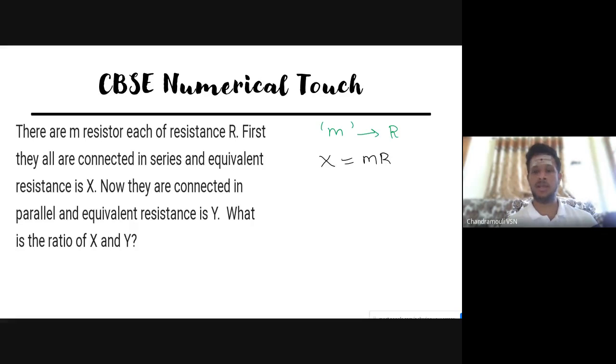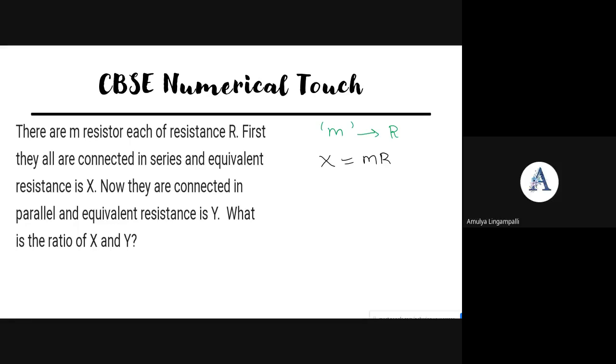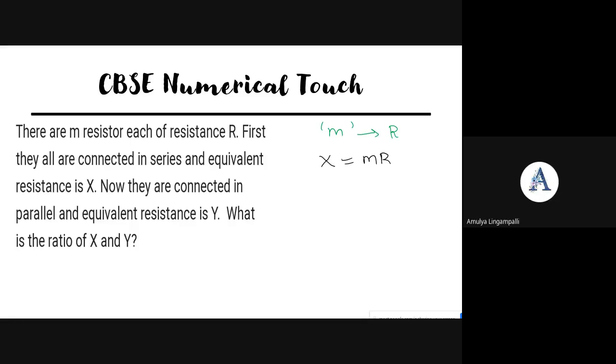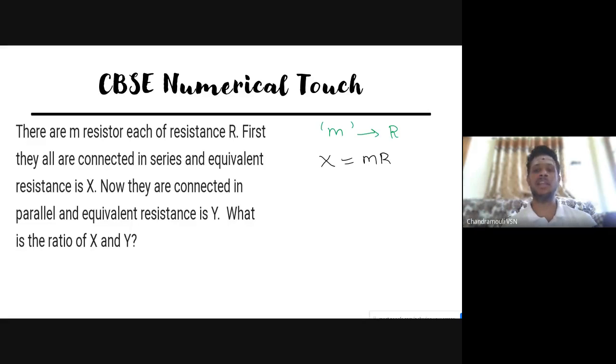My meaning is, 2 ohm, 2 ohm, 2 ohm added in series: total 2 plus 2 plus 2 is 6. The same 6 can be written as 2 into 3. So here m are there, so I wrote M into R.